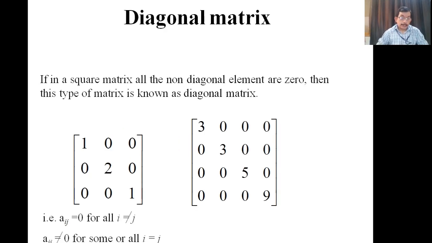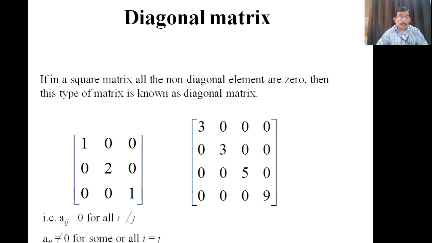Diagonal matrix. A diagonal matrix means that all the non-zero elements belong to the diagonal and the non-diagonal elements are 0. A square matrix whose main diagonal elements are scalar quantities and the non-diagonal elements are 0 is known as a diagonal matrix. In the first example, the main diagonal elements are 1, 2, 1 and all the non-diagonal elements are 0.